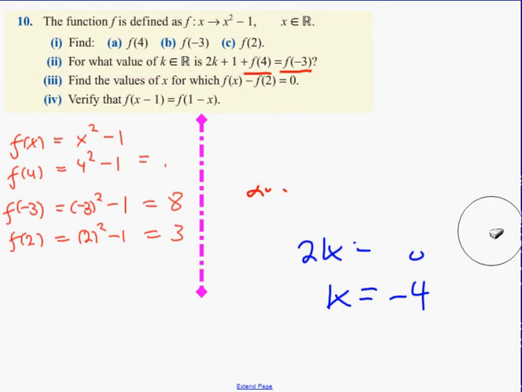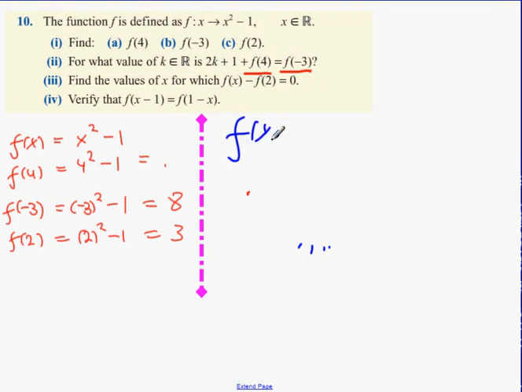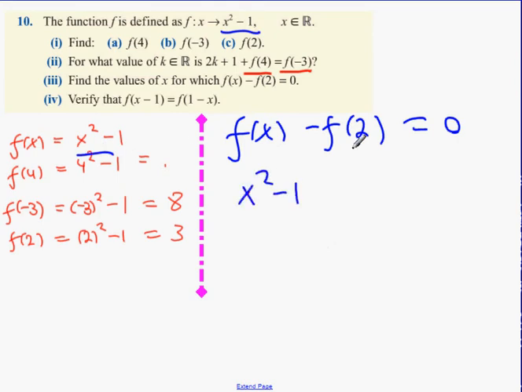The next question after that, guys, is part 3. If you look at part 3, lads, you paying attention? So we have f of x minus f of 2 equals 0. What is f of x? f of x is x squared minus 1. It's up here. What's f of 2? f of 2 is 3.